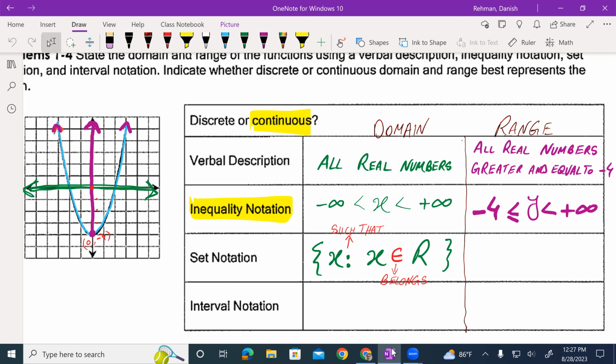This R. Don't just write it as an R. I suggest you differentiate it from the single R by adding a line to the R's existing straight line. This will tell us it's not a simple R, it's a real number, a set of real numbers. So x is all real numbers, which is what we mentioned in the wording also. So in set builder notation: x such that x belongs to all real numbers.